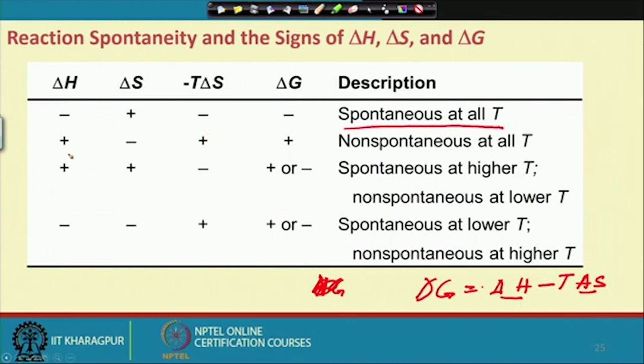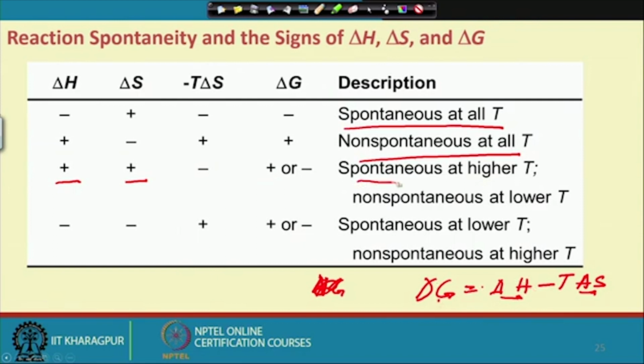Now, if del H is positive and del S is negative, then T into del S will be negative and del G will be positive, so it is non-spontaneous at all temperatures. If del H is positive and del S is positive, then one term is positive and the other is negative, so del G may be plus or minus.